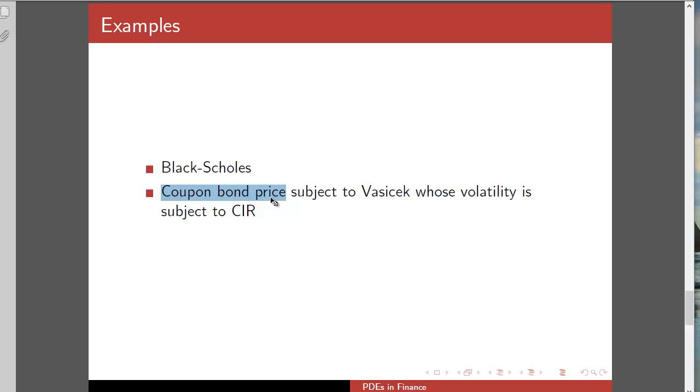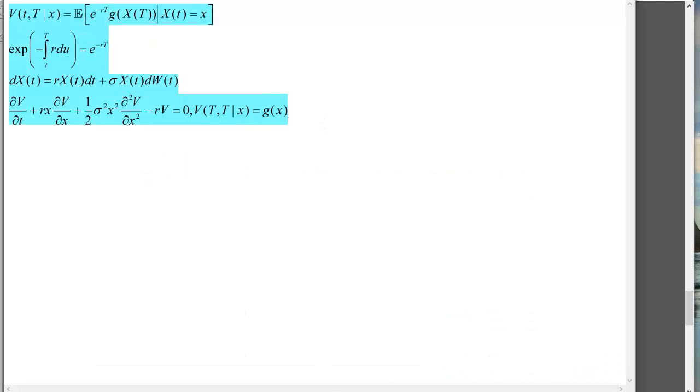So, well, yeah, let's do it. I will use again v for the value of the coupon bond, and I know it matures at time big T, and it's subject to actually two random processes, r and v.